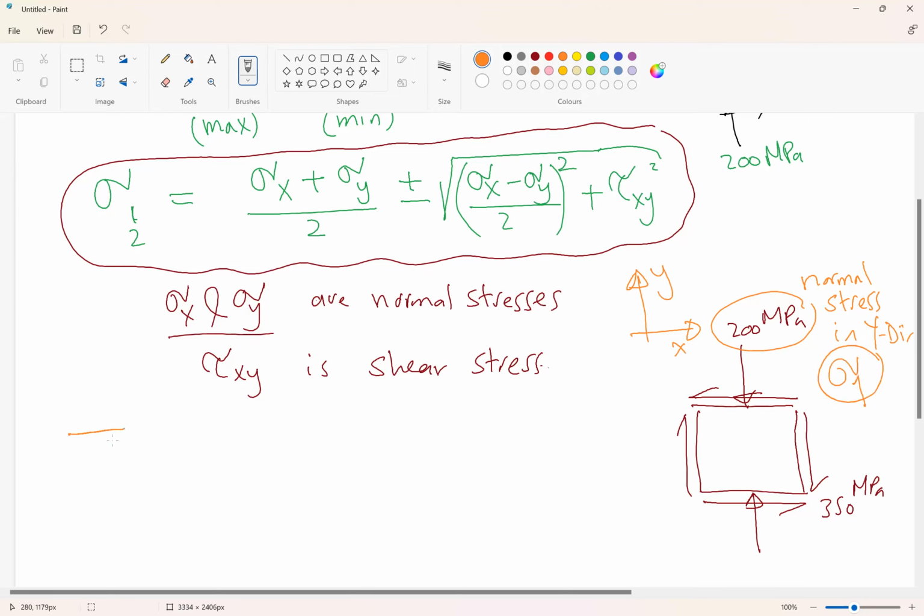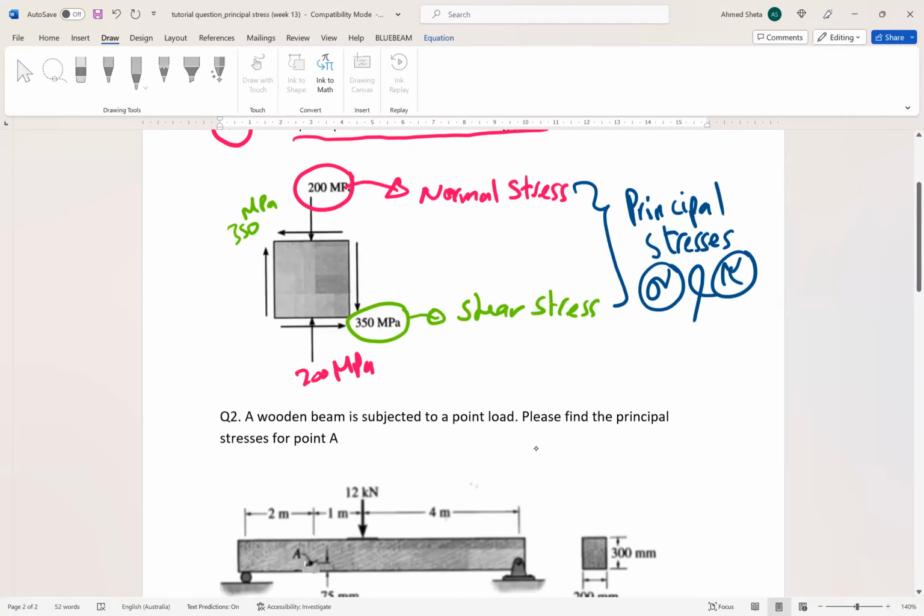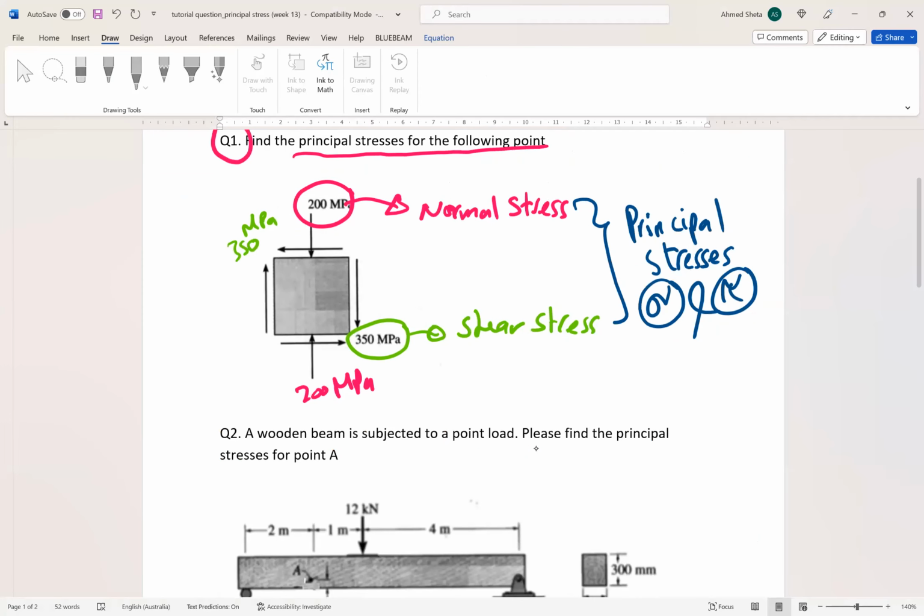So in this example, we have sigma y equal to 200 MPa. Okay, but tension or compression, we need to know this as well. If we go back to the example again, just quickly, the arrow here is going into the element or out of the element? Into the element.